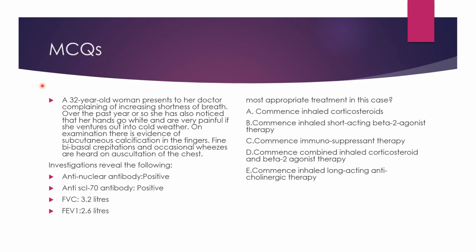The most likely diagnosis for this scenario is a restrictive lung disease, but the examiner may try to confuse you by asking a question where the patient has systemic sclerosis and a chronic obstructive pulmonary disease together. In that case you have to identify the condition only by calculating this ratio. I hope it is clear up till now. So let's go to the next MCQ.